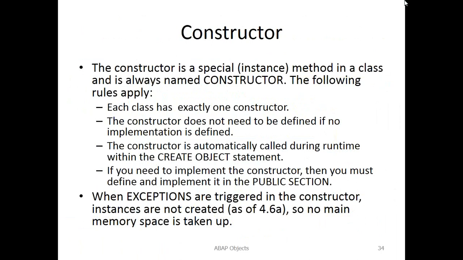A constructor is a special method in the class, always named constructor. Like in C, where we create that method with the same class name, here there is a keyword called constructor. With the constructor keyword we create a method, and inside the constructor we write the code.